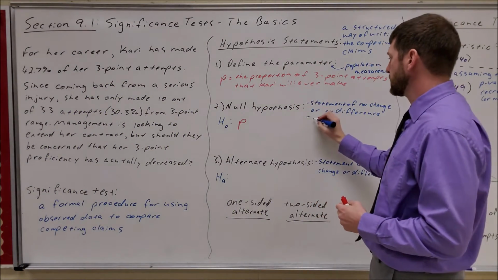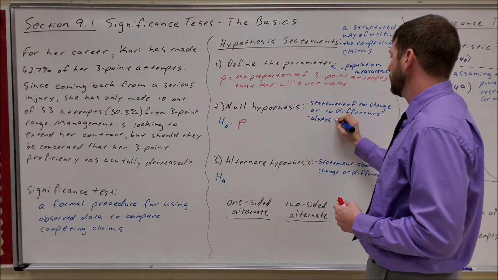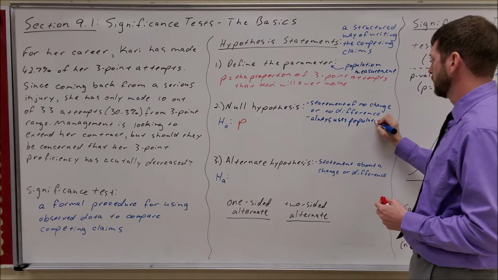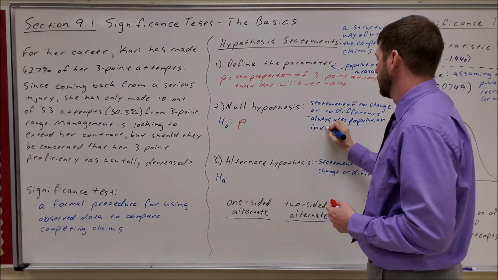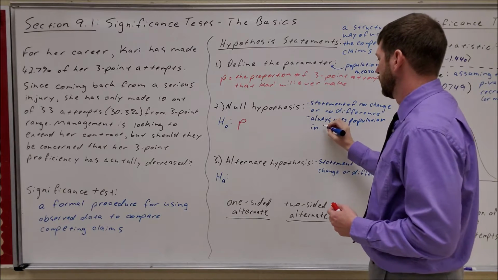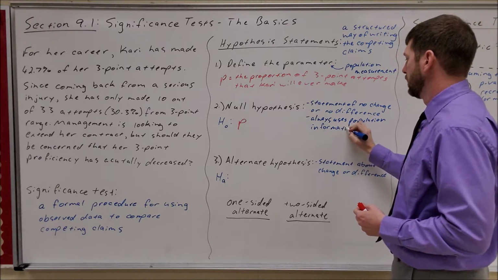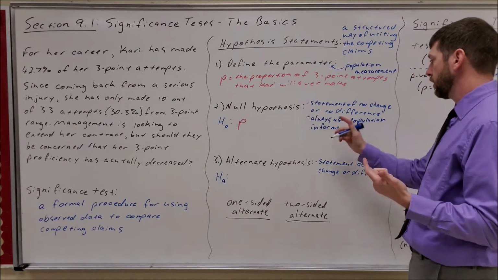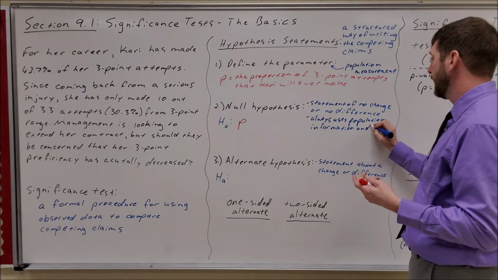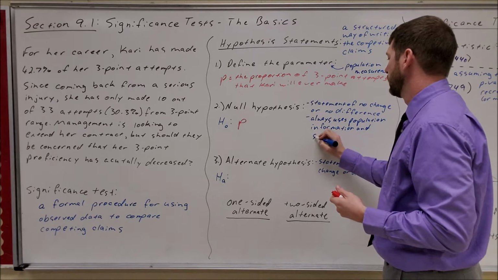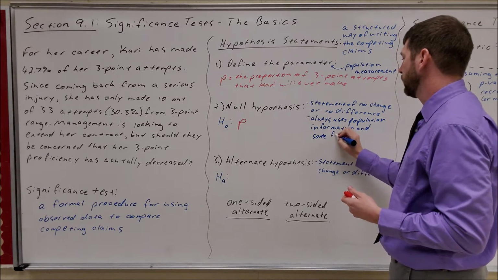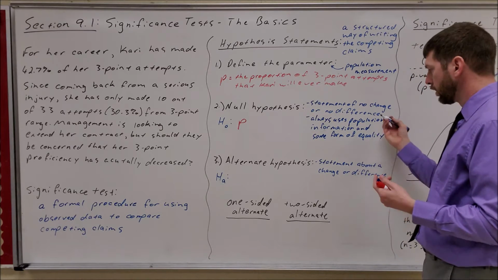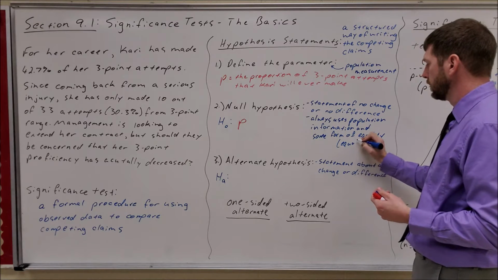So a null hypothesis always uses population information, that means variables and calculations, and some form of equality. For us right now, that's going to be an equal sign.